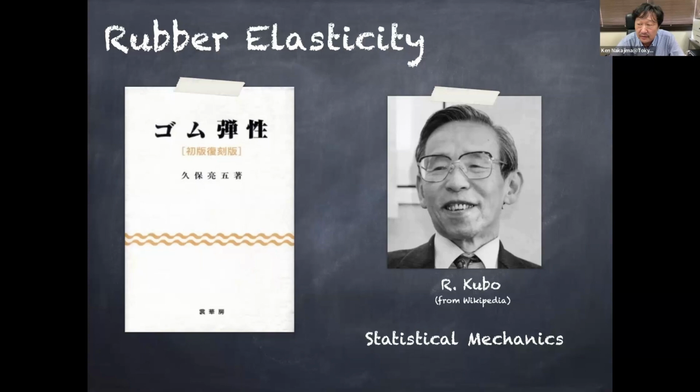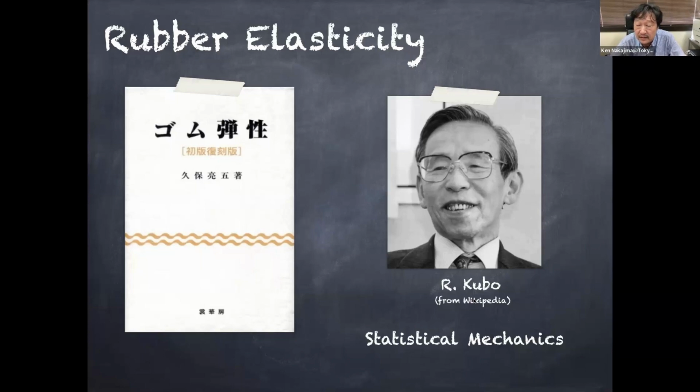We also have to think about or make some mathematical formulas. And of course, there are so many researchers working on it. And Professor Kubo is one of the pioneers in this field.